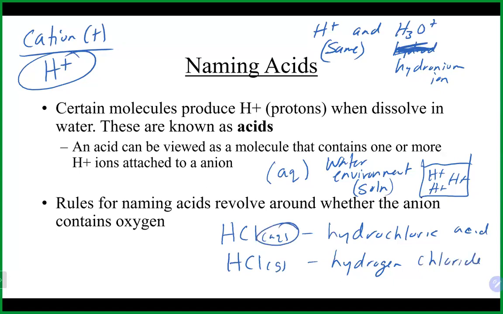So the aqueous part is really important for an acid. You could take the hydrogen chloride gas, bubble it through water, and now you have aqueous hydrochloric acid in that solution. So make sure you always include that aqueous on your formulas for acids.